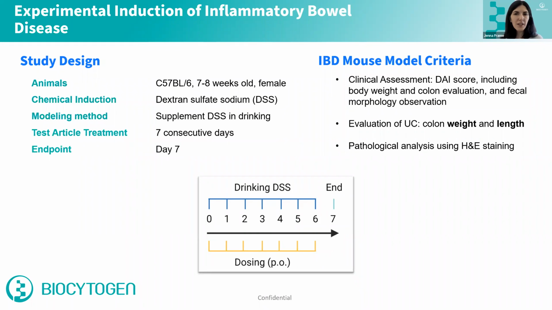And the criteria used to determine disease severity, which I've listed here, includes significant weight loss, alterations in fecal morphology, including presence of blood, as well as colon weight and length. And of course, we also perform pathologic analysis that allows the cellular assessment of inflammation and things like granulocyte infiltration.